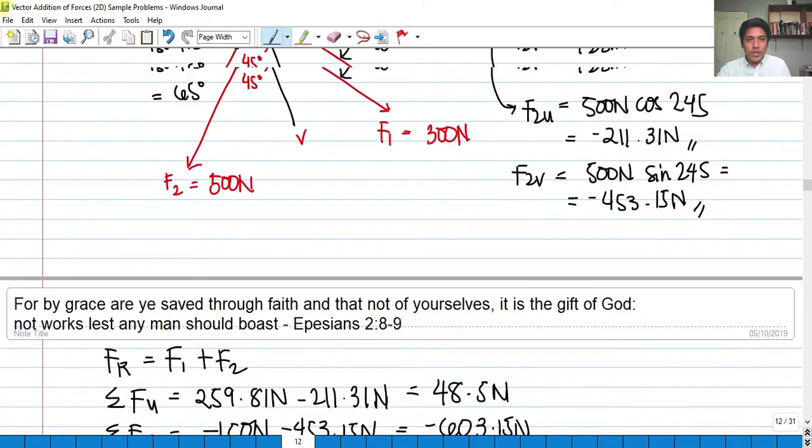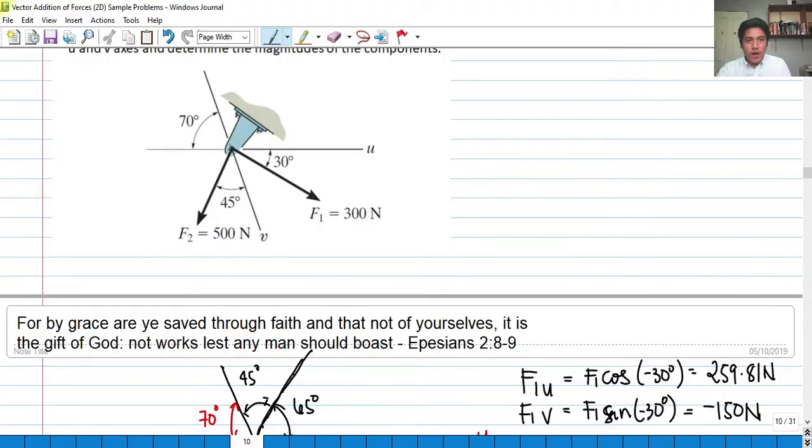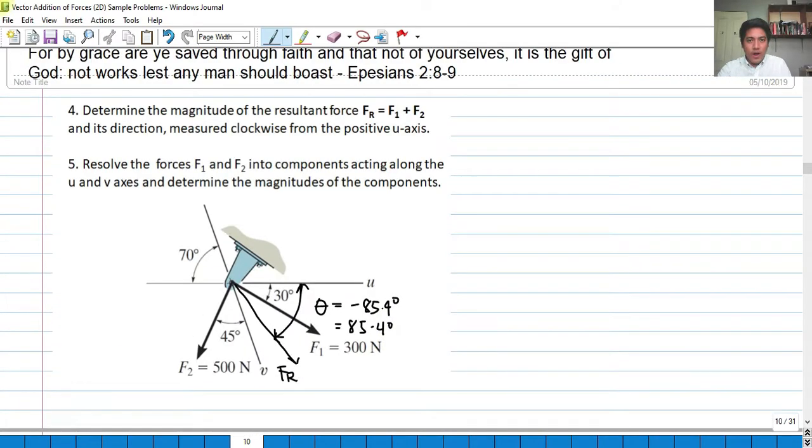This is negative, so it means that for our FR, the angle measured clockwise from the positive U would be negative 85.4 degrees. But if we wish to get the direction in this direction, we can drop the negative sign and have 85.4 degrees as the direction of our FR.